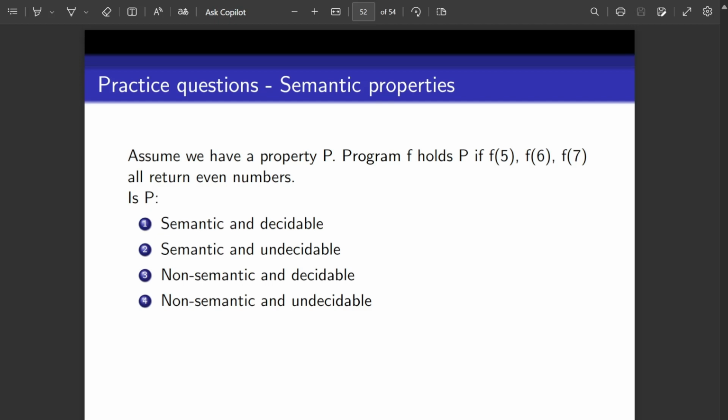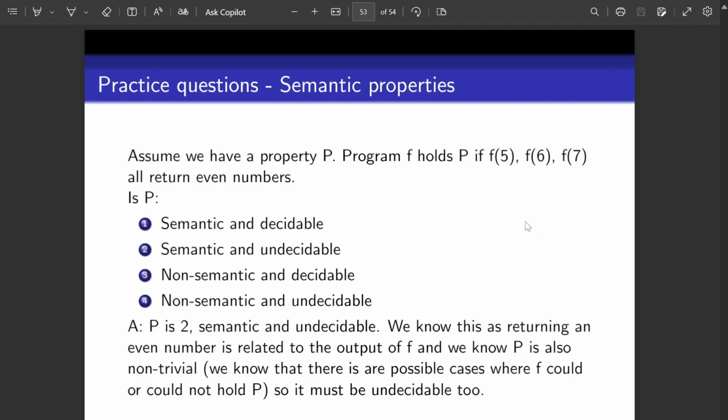Well, there's 0 votes, so I just assume you want me to go through it right now. The answer is semantic and undecidable. We know this as returning an even number is related to the output of F, so we care about what it returns, which makes it a semantic property. It's also non-trivial because there are cases where program F would not hold the property.